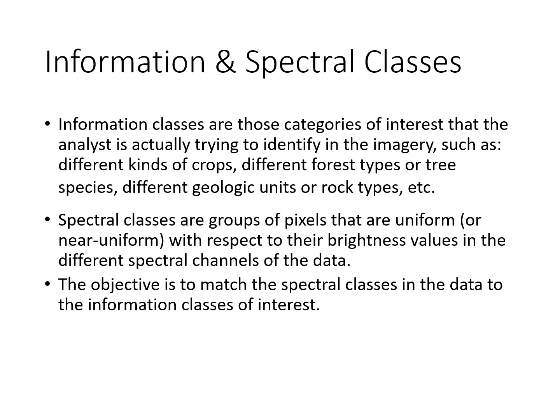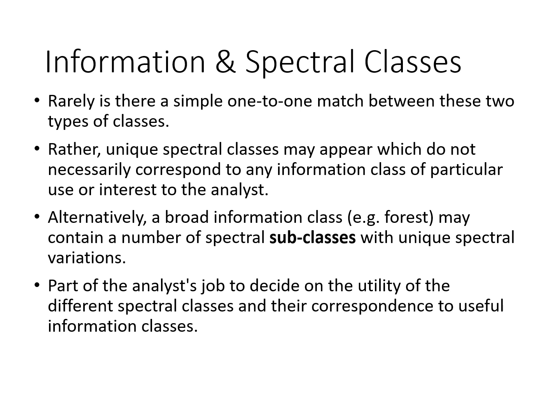You could say plus or minus 5% of a particular reference reflectance value. Those would all be belonging to a spectral class. The information classes, as we'll see, have a more complicated relationship to what's going on in the image. There's rarely a simple one-to-one match between these two types of classes.